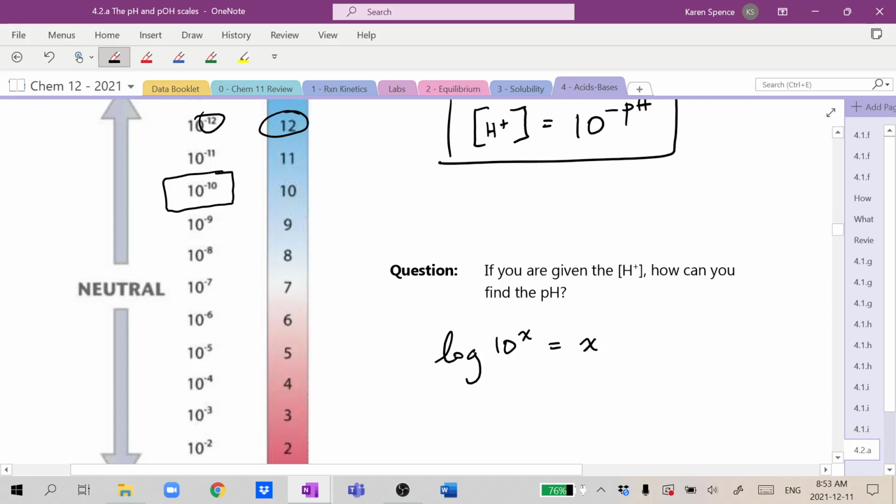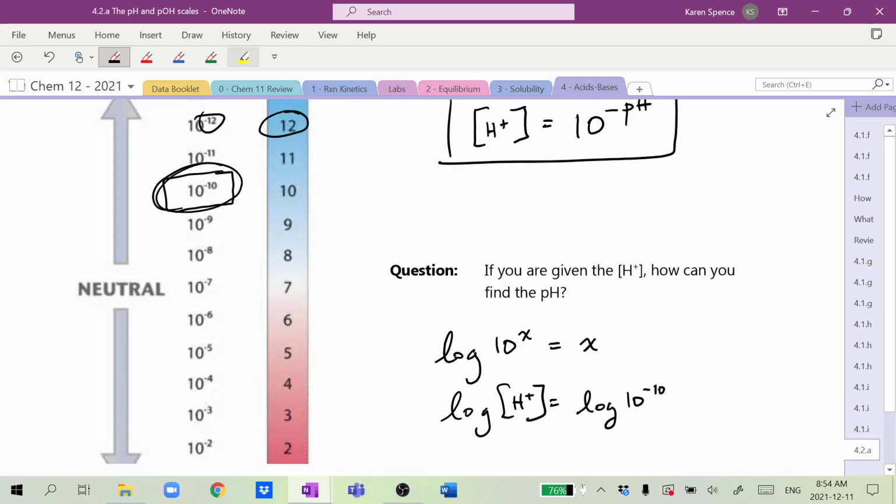So if I were to take the log of the hydrogen ion concentration, let's say we're looking at our value here, 10 to the negative 10. So the log of 10 to the negative 10, in this case, negative 10 is our x value. So that would equal negative 10. Is that what we got for our pH? No, our pH isn't negative 10, it is positive 10.